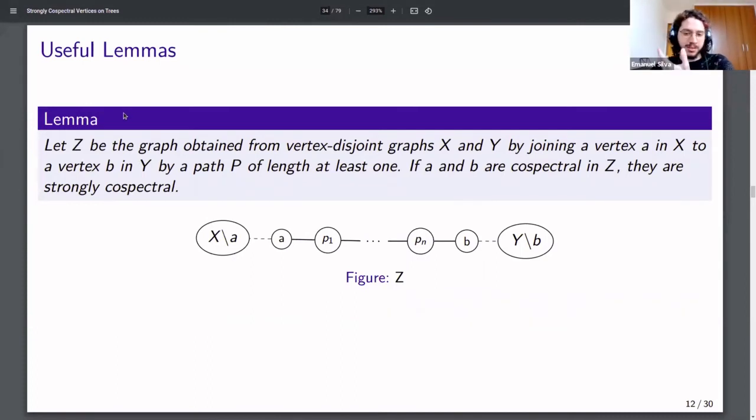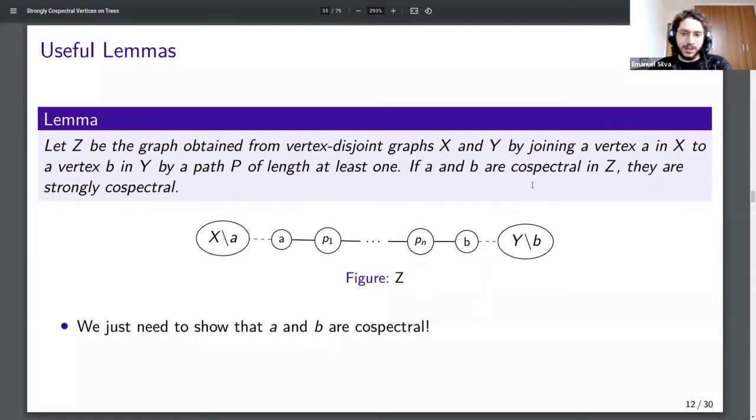The first lemma is just going to be useful to this specific theorem. So if we have a construction very similar to before, but X doesn't need to be a tree, it can be any type of graph, and the same for Y. If we pick a vertex A from X and a vertex B from Y, and join A and B by a simple path, if they are cospectral in Z, then they're also going to be strongly cospectral.